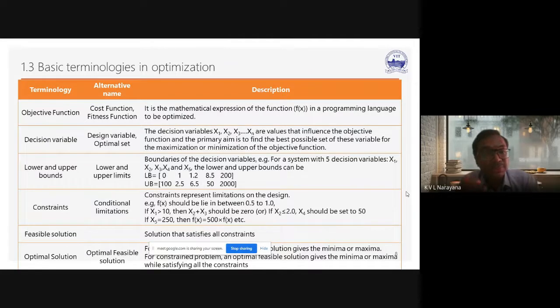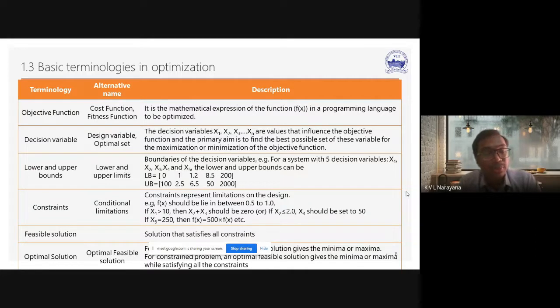And there are several variables associated with the objective function. These are called decision variables. The decision variables are to be optimized. So we have to get the optimal combination of these decision variables to minimize or maximize the function. In most of the electrical systems, we use the minimization problem, so we have to minimize the cost of the system.